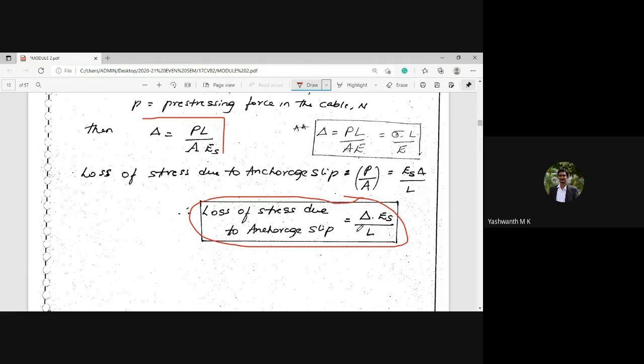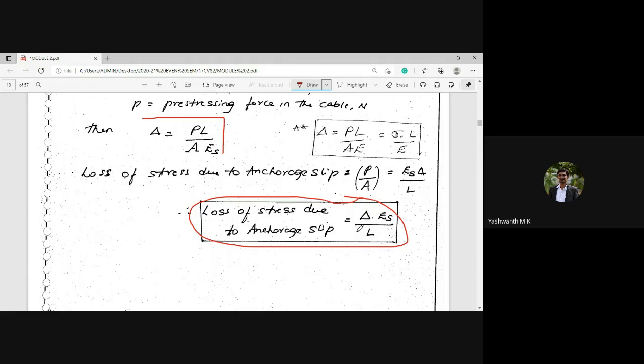From the examination point of view, module number 2 is very important. In the examination, they may ask you to list the various losses of pre-stress encountered in PSC, or to explain each loss in pre-tensioned and post-tensioned pre-stressed concrete beams. So you need to learn these formulas, and some of the formulas are there in the IS 1343 2012 code book.